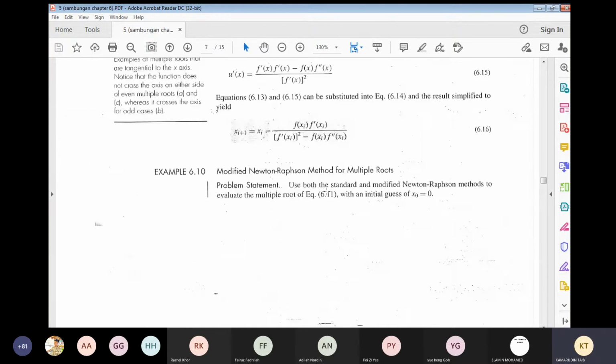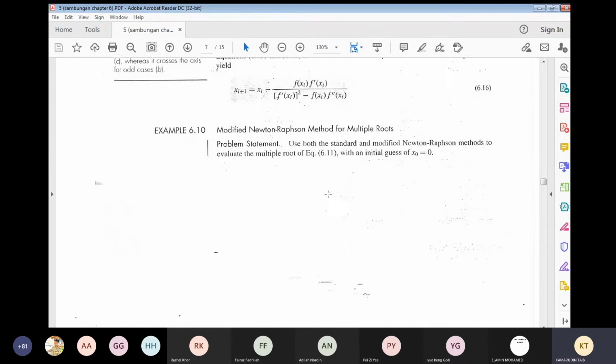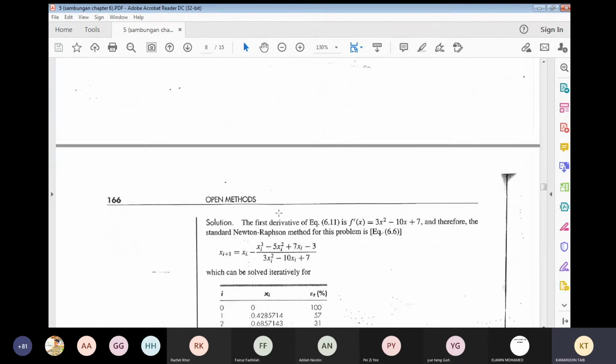So if we substitute inside this equation, the standard Newton-Raphson equation previously mentioned in my lecture, if you could still remember, is x(i plus 1) equivalent to x(i) minus f(x_i) divided by f prime of x_i.